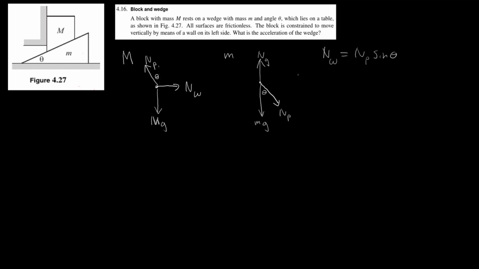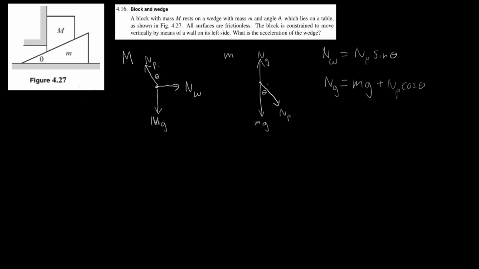The second equation that we can write is that the normal force from the ground on the plane is equal to mg plus NP cosine of theta. And this is because there's no acceleration of this plane going up or down, so these forces must balance.